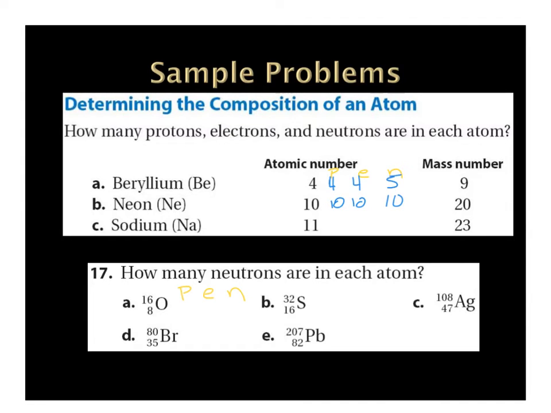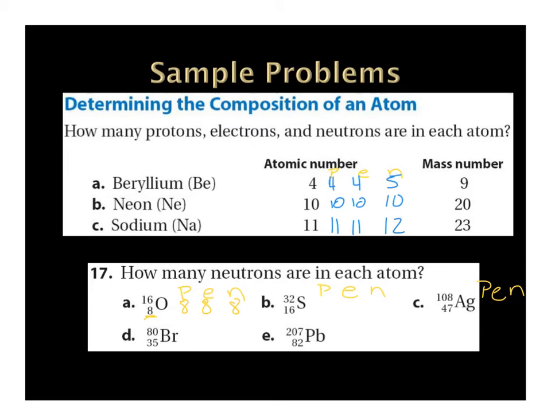Sodium has an atomic number of 11, so it has 11 protons and 11 electrons. With a mass number of 23, we're going to subtract out the 11 and have a neutron count of 12. For oxygen, we have a proton and electron count of 8 from the atomic number 8, and neutrons would be the mass number minus the atomic number, so 16 minus 8 is 8.